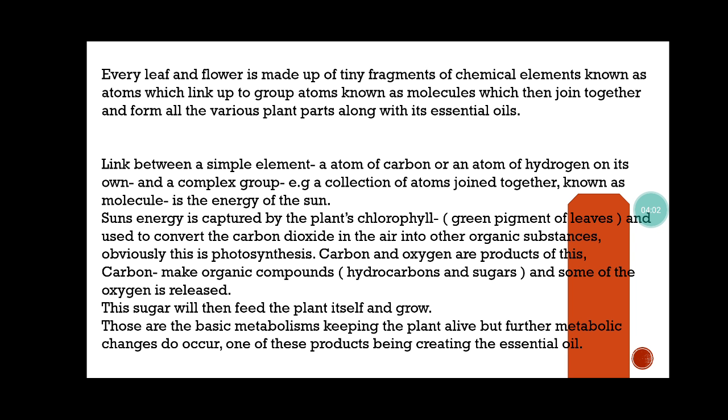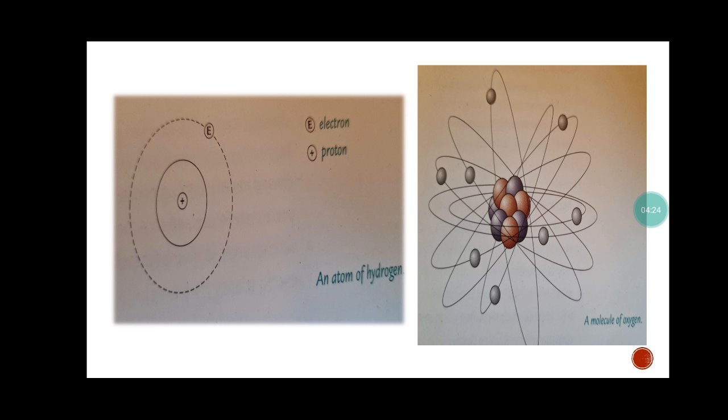It takes the sugar to feed off it and it'll grow, etc. They are the basic metabolisms, keeping the plant alive. But further metabolic changes do occur. One of these products being created is the essential oils. And there's your atom, singular, and group of atoms, molecule, multiple.